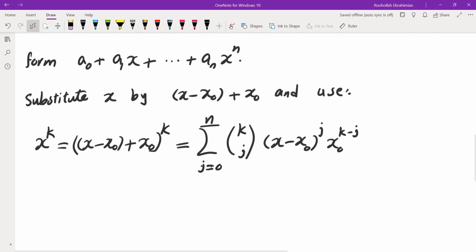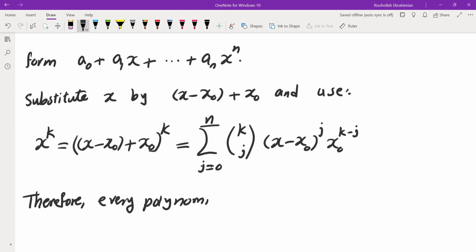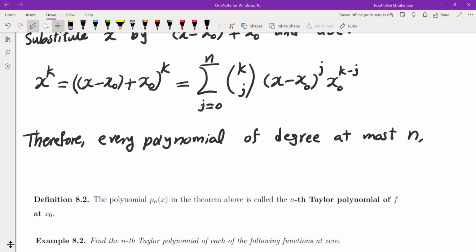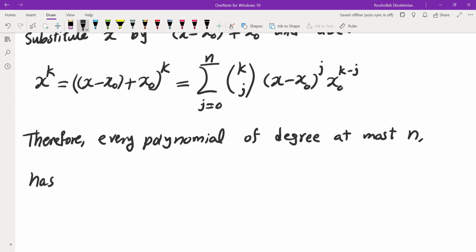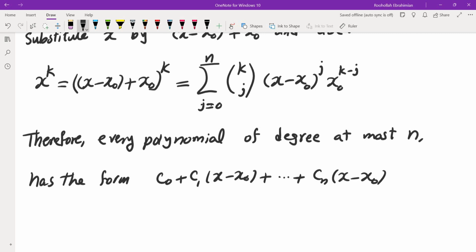So in other words, every polynomial of degree at most n has the form c0 plus c1 times x minus x0 plus all the way to cn times x minus x0 to the power of n.